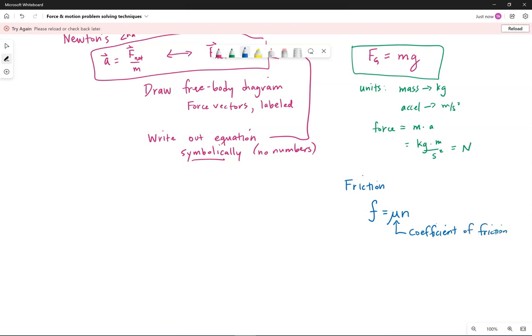This value varies depending upon what type of friction we're talking about. So kinetic friction, you would see a subscript of K. Kinetic friction is if the object is sliding on the surface. Mu sub S is for static friction, meaning not sliding.